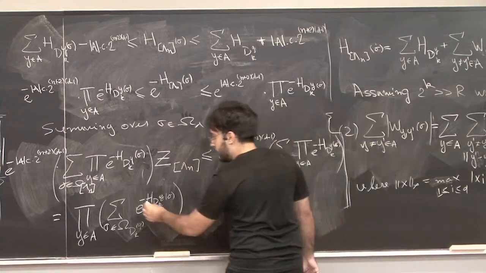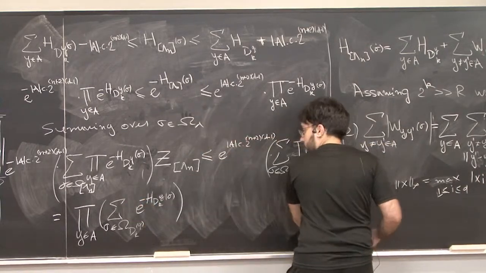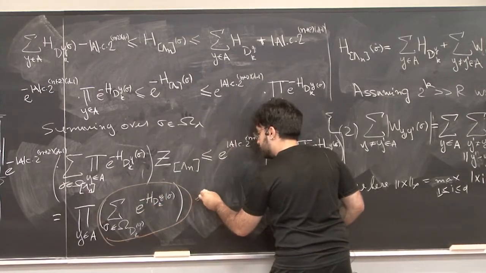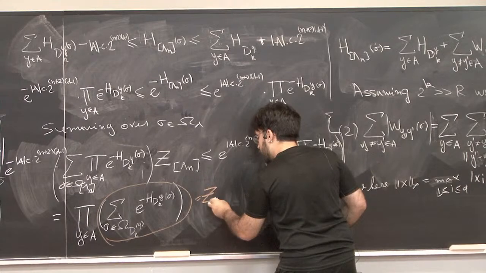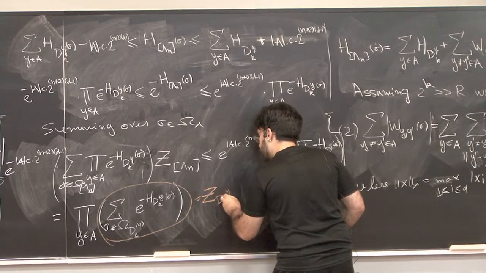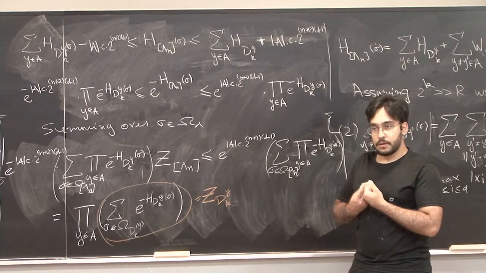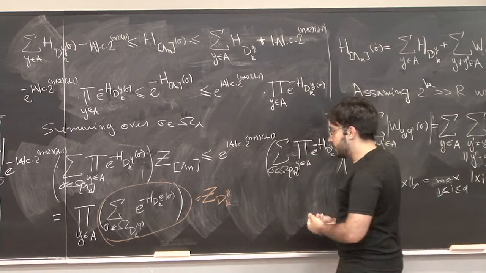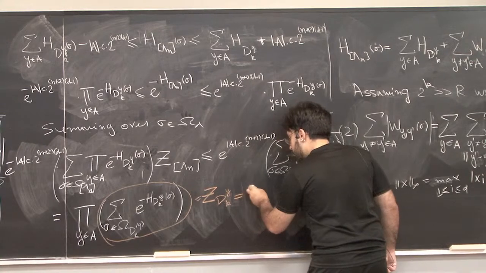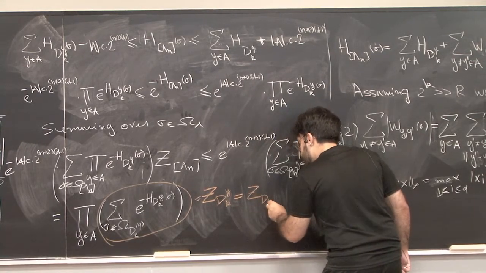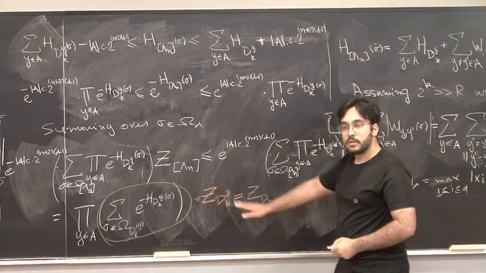Okay, but again, this is exactly the expression of the partition function over dky, and since the interaction is translation invariant, this is exactly equal to the partition function over dk without the translation.